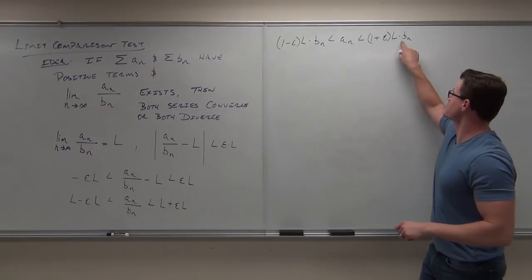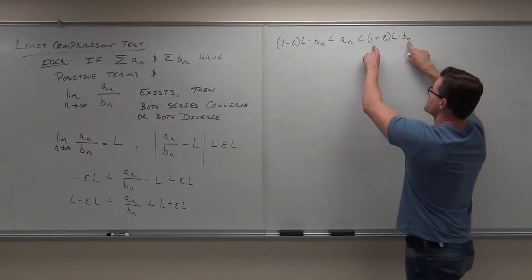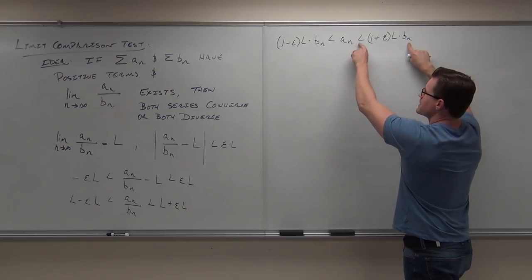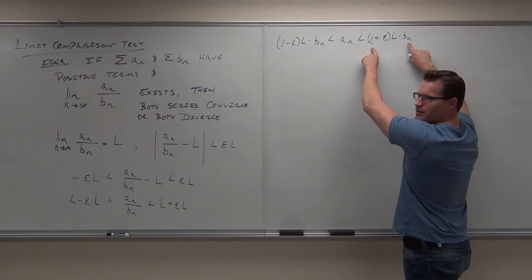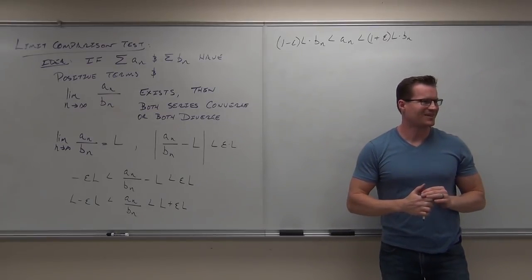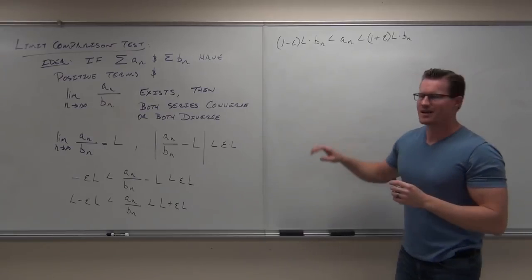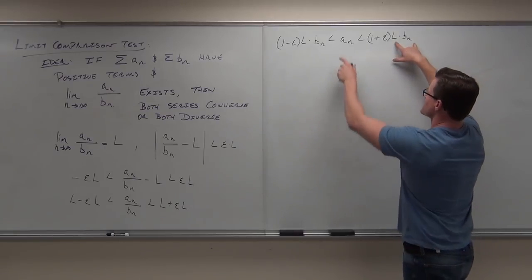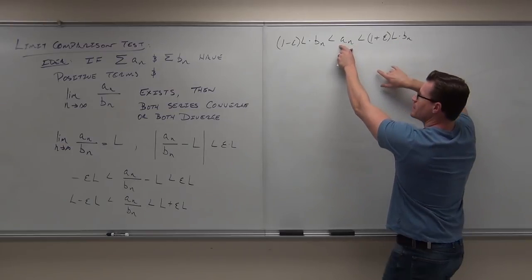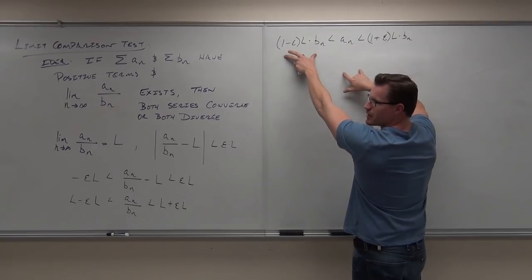If the series B sub n converges, A sub n is less than that series. Do you see that? Okay, you're not really with me, huh? Are you with me? Yes. Kind of, sort of? Yes. Do you see the comparison test out of this right now? If B sub n converges, A sub n is less than that. If B sub n diverges, A sub n is bigger than that.